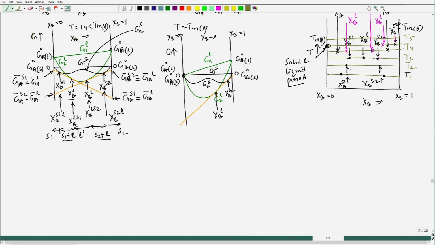So, this is T4, this is Tm, and this one is T5, T3, T2, T1. At T5, we have a situation like this. Still it will be solid.